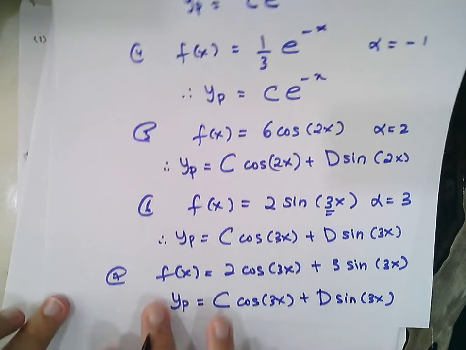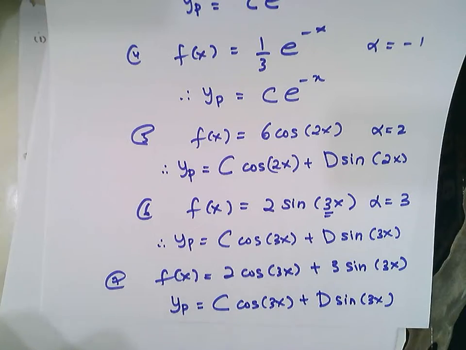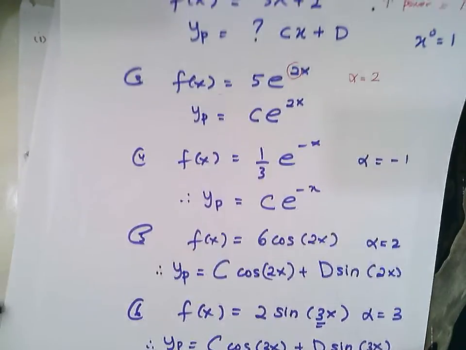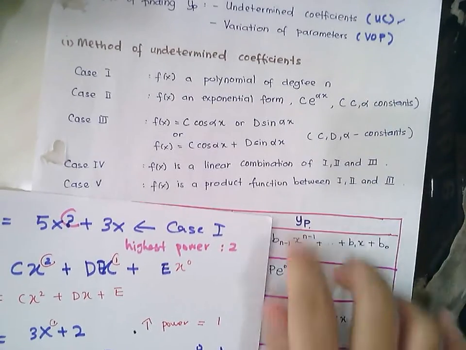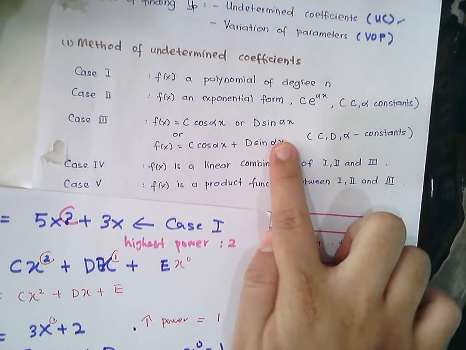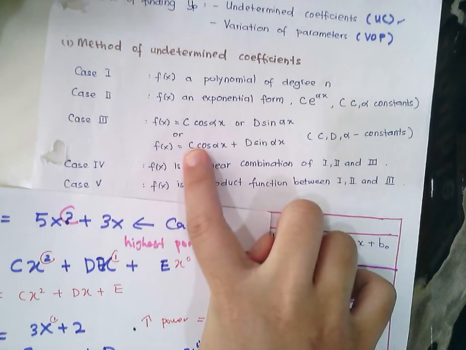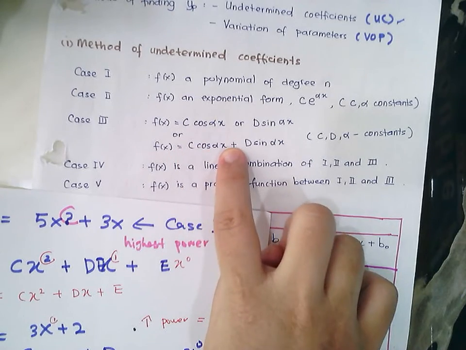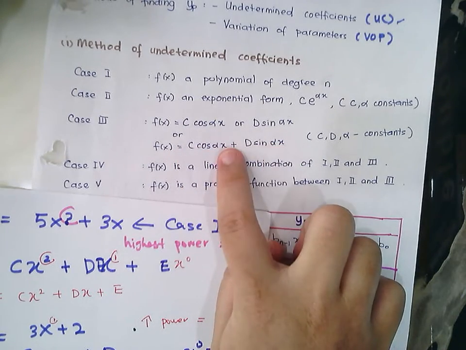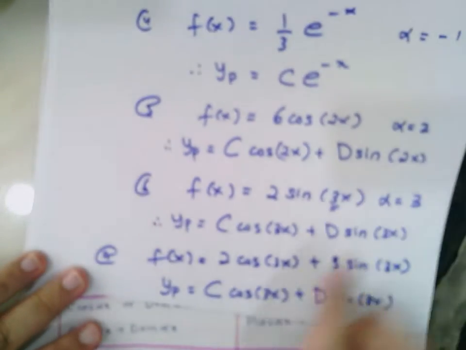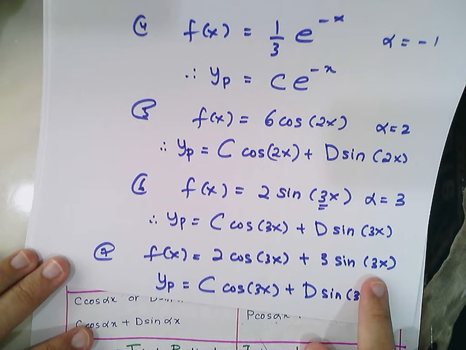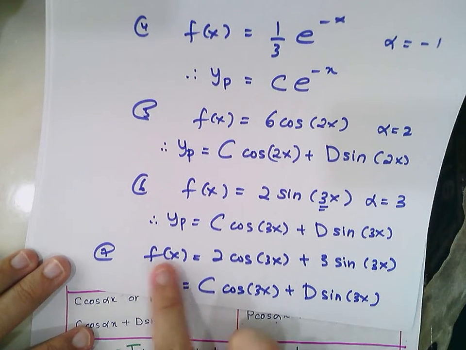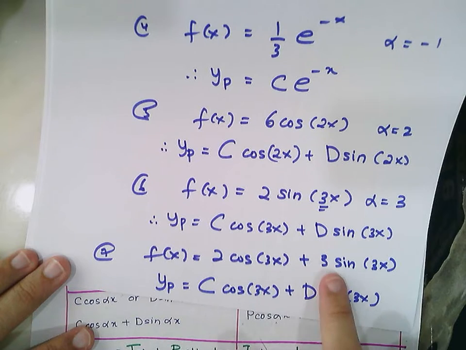Since we only cover until case 3, which is a trigonometric function, as you can see here, the value of alpha must be the same. So you won't have such a case where this one is x and this one is 2x. Say your fx is equal to 2 cos x plus 3 sine 3x.